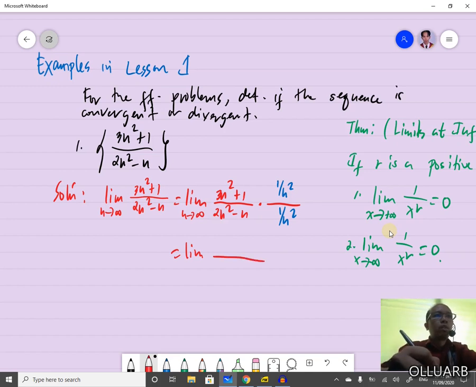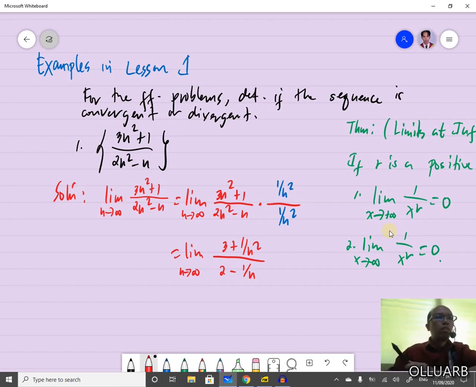And this will become 3 plus 1 over n squared over the denominator 2 minus 1 over n, as n approaches infinity, am I right?